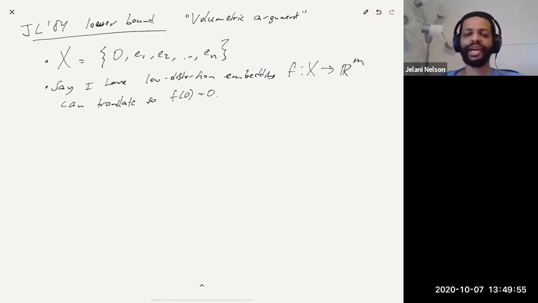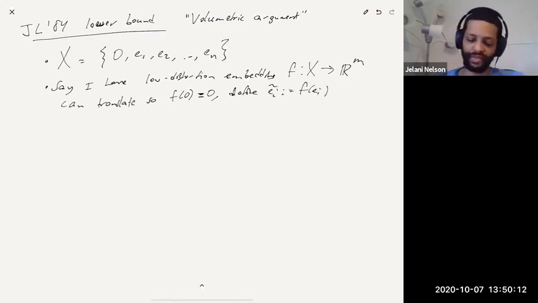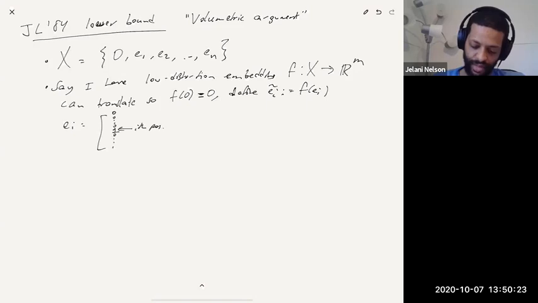That doesn't change pairwise distances. And let's also define ei tilde to be f of ei. In case you don't remember, ei is just the standard basis vector, so ei is the vector 0, 0, 0, and then a 1 in the ith position, 0, 0. This is ei, the simplex.